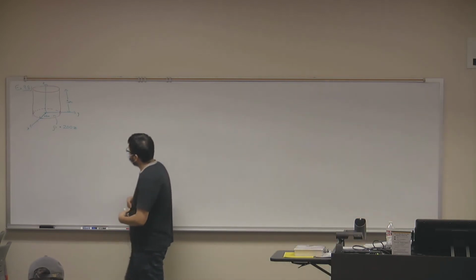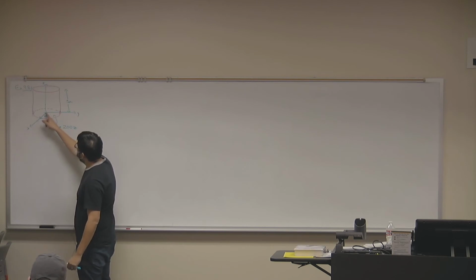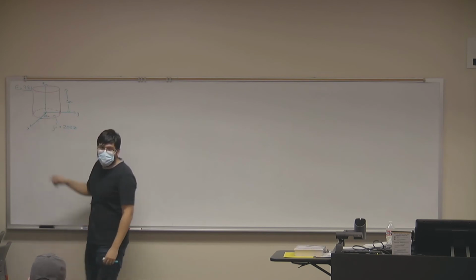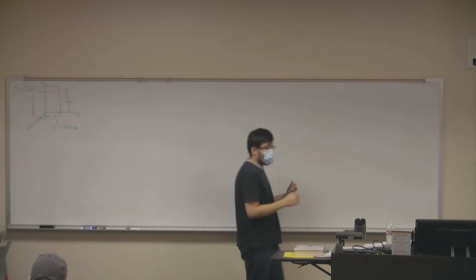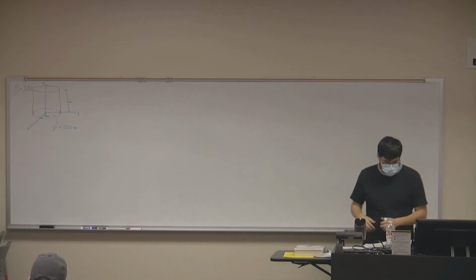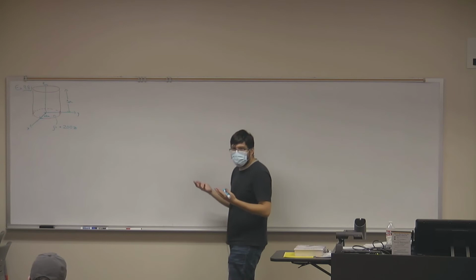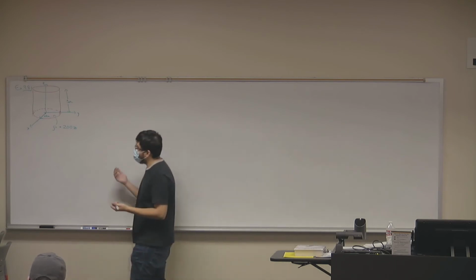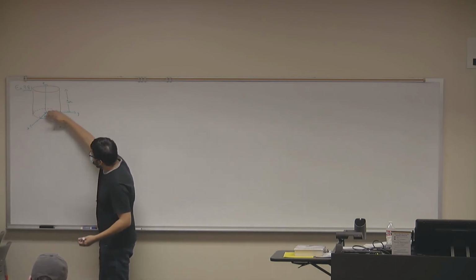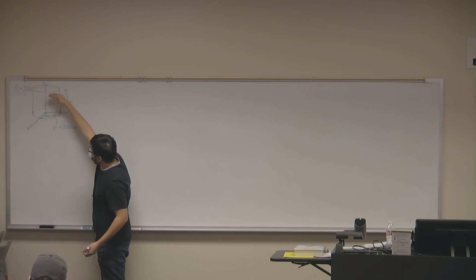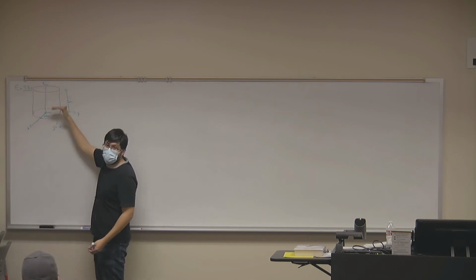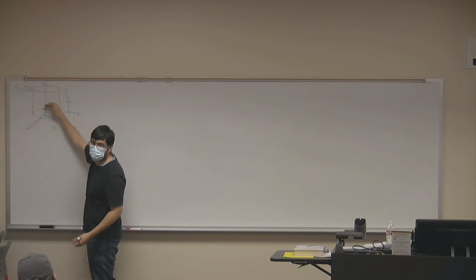If my density varies with respect to z, at z equals 0, at the origin, what's the apparent density of this object? 0, right? Now, of course, this is a bit of an exaggeration. But what this means is that my density will increase with my increase in elevation.